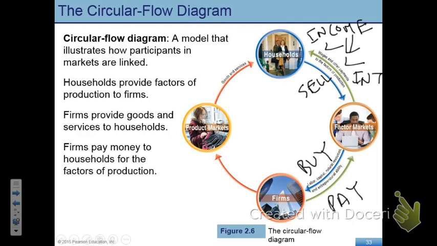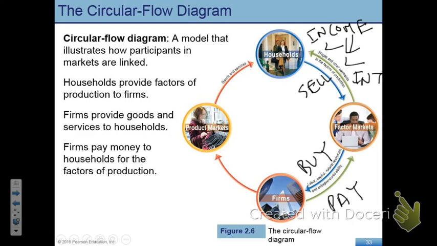So the wage, the rent, the pure rent, whatever payment our household gets become the income of the household. So that's one part of the outer flow of financial resources that is connecting our household and our firm. Our household gets their income from the firms.